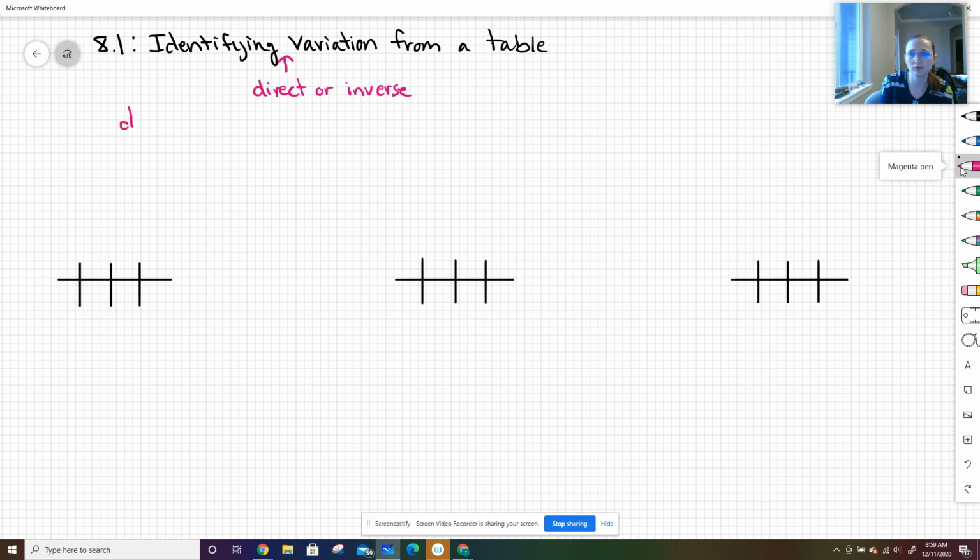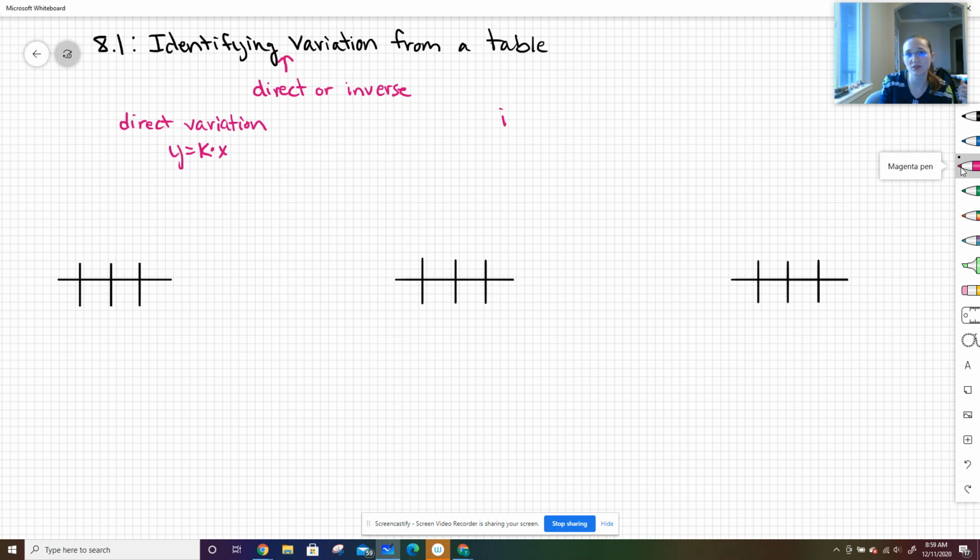Direct variation typically looks like y equals k times x.